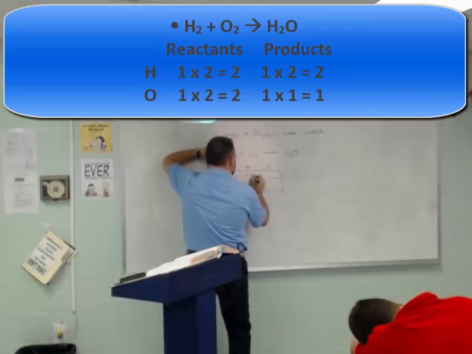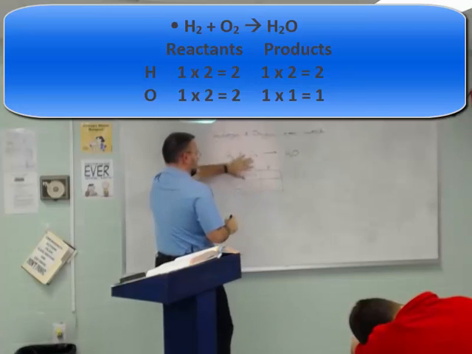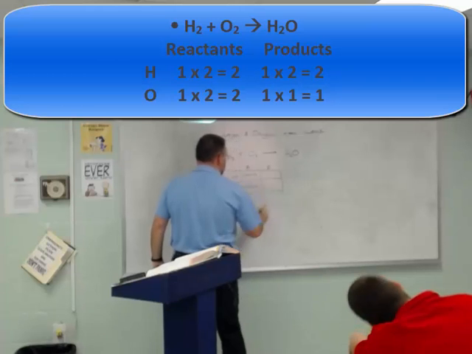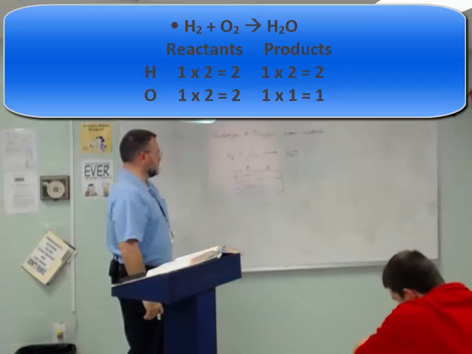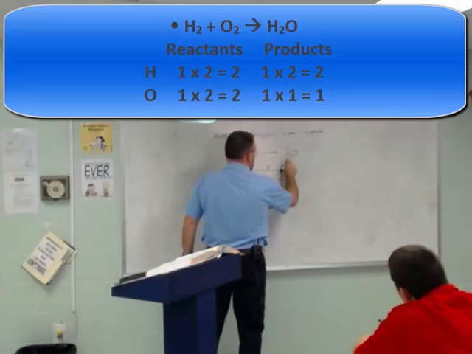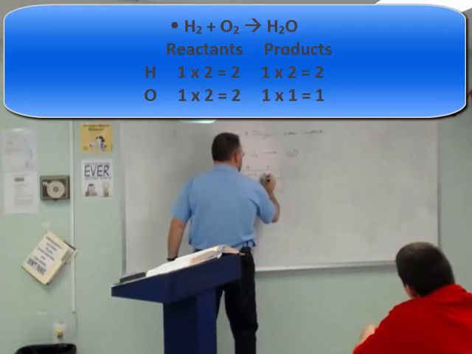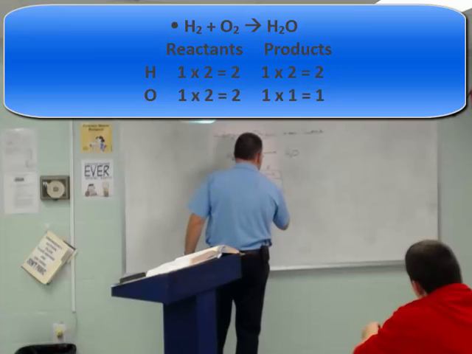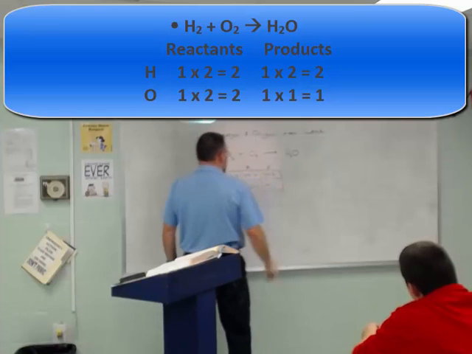So I do that, then the product is 2. Oxygen, same thing. One set of 2 to produce 2. On the product side, left to right, hydrogen, one occurrence, one set of 2, which is 2, and oxygen, one set of 1, producing 1.